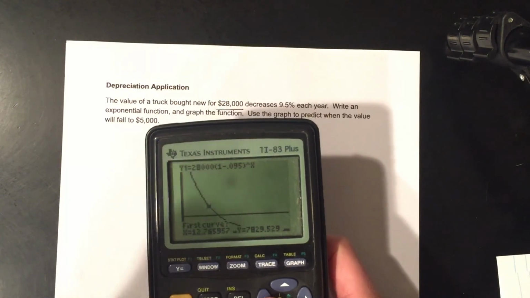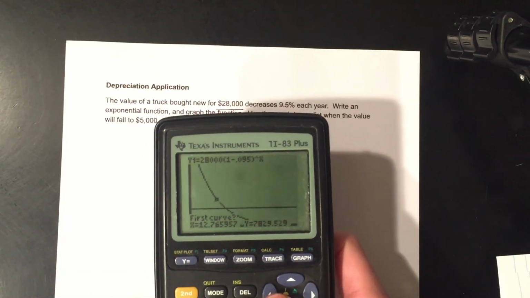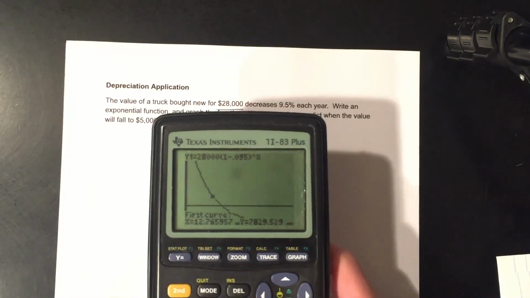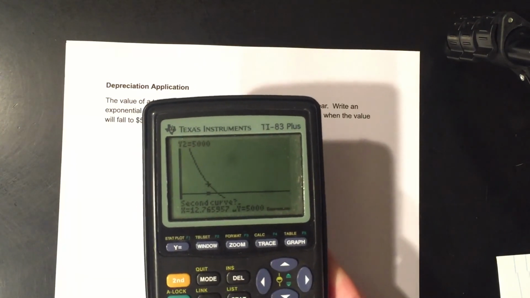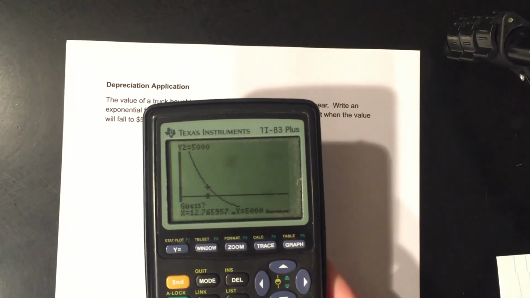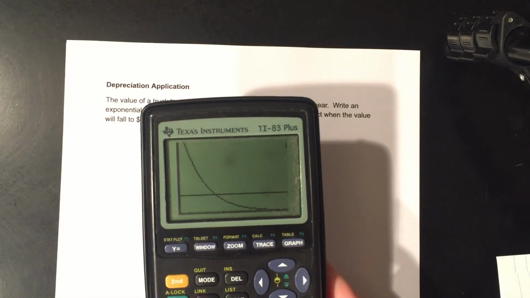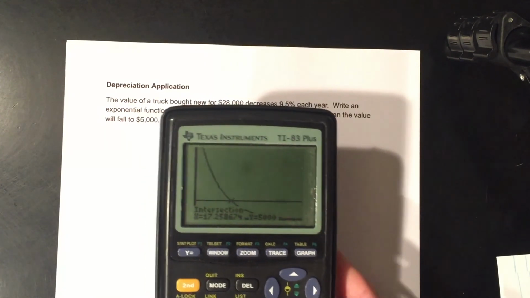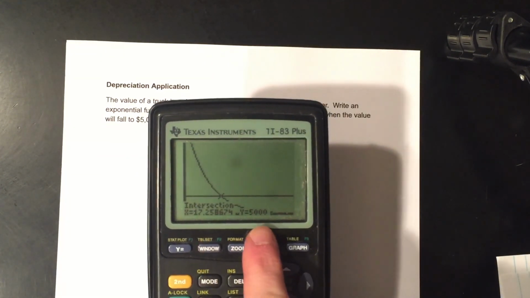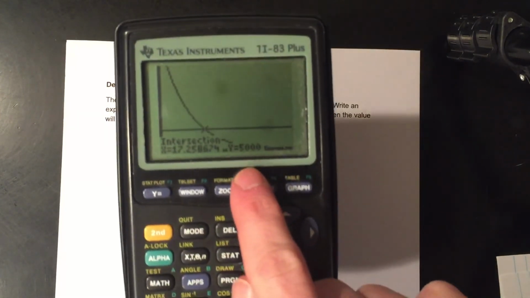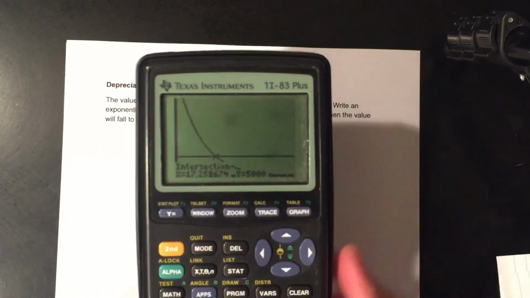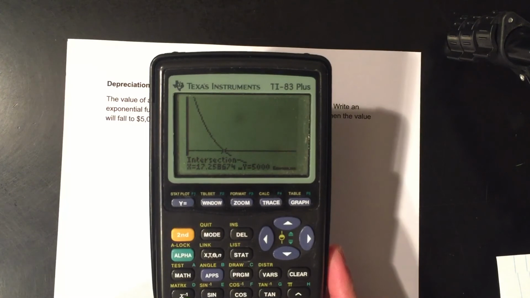So it's blinking. It's asking me to identify the first line that we're going to estimate where they intersect. Just hit enter, or jump down to the second line. Hit enter. Hit enter again. Voila. It intersects. Notice the y value is 5,000. It intersects when x is 17.26.